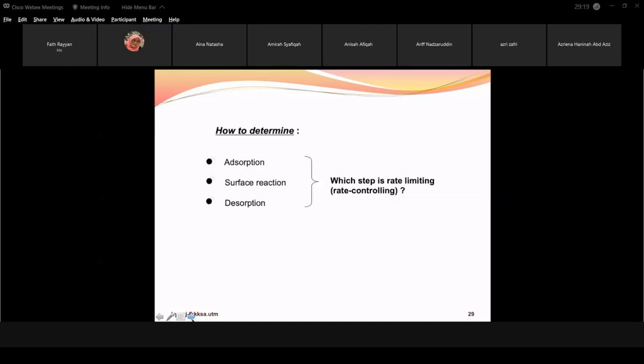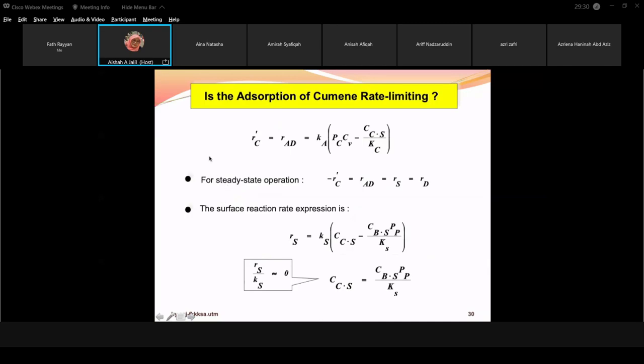So from that reaction, how do you determine which one is the rate limiting step, or rate controlling step, from those three steps? I think I WhatsApped you last Sunday one page in your textbook.